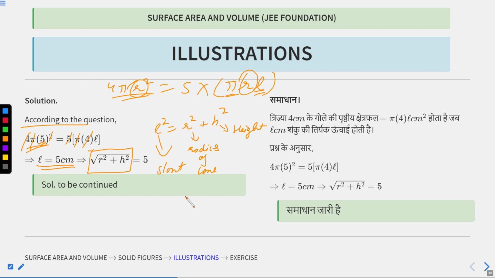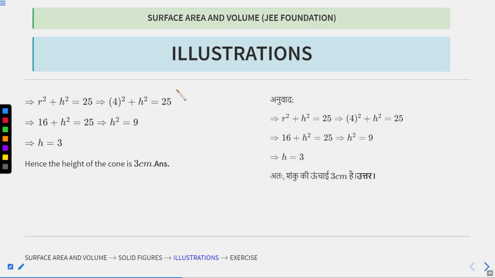So if you try to visualize, this is my cone, this is my R, this is my H, and this is my L. Now L is 5. Using this, try to find out the value of H, because we already know the R value for the cone. For the cone, R is equal to 4.